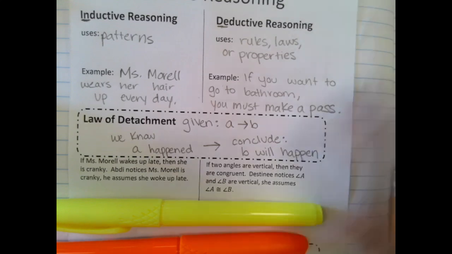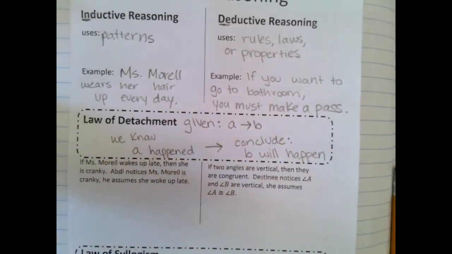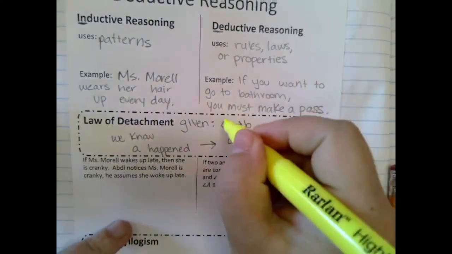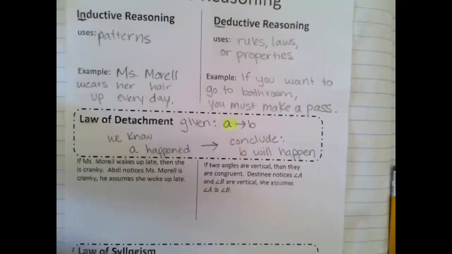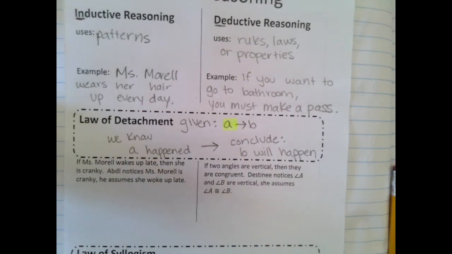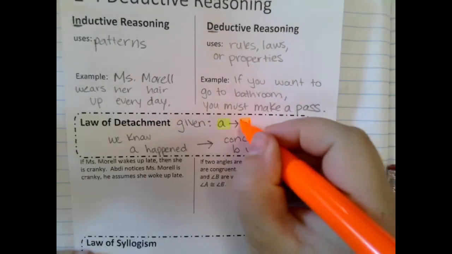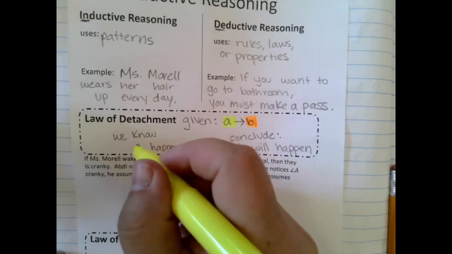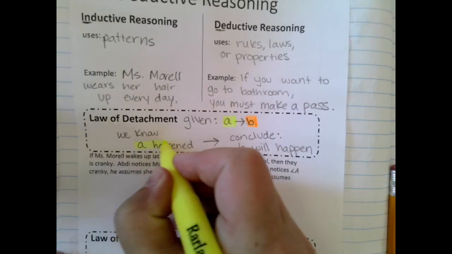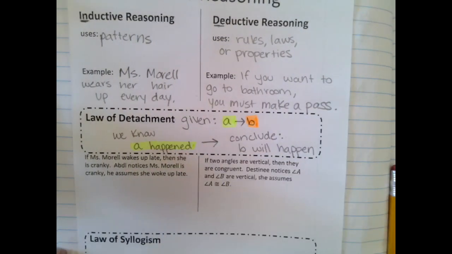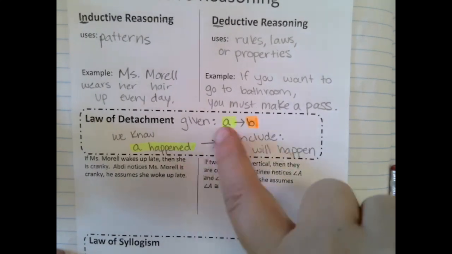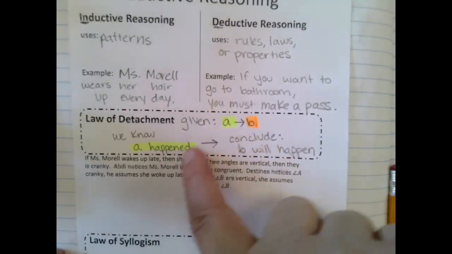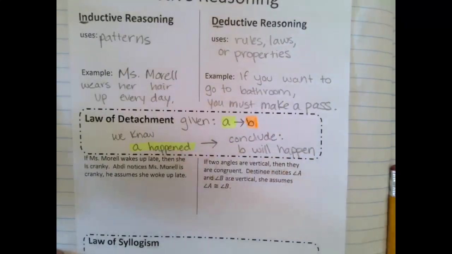All right, so A leads to B. So if I know that A leads to B, and we know that A happened, so I'm matching my colors for A here. So if you're using other colors, match your A colors, and then match your B colors.